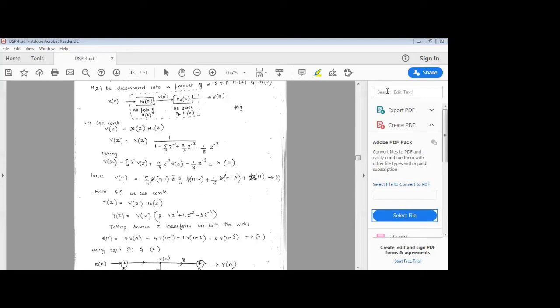So my v of z is equal to x of z into my H1 of z. Okay, so my H1 of z will now become what?